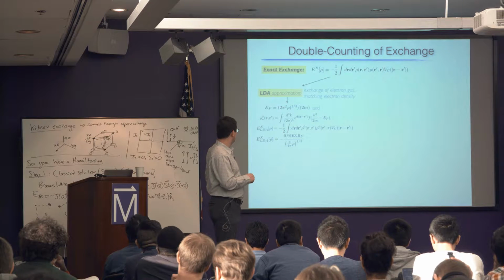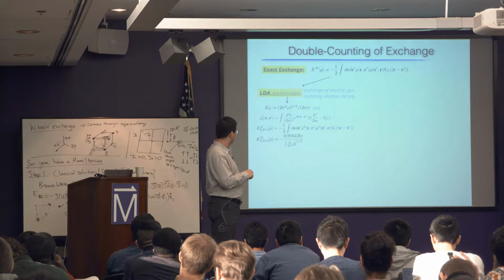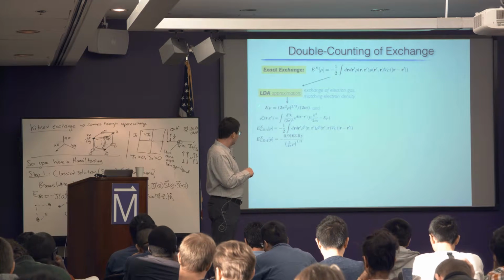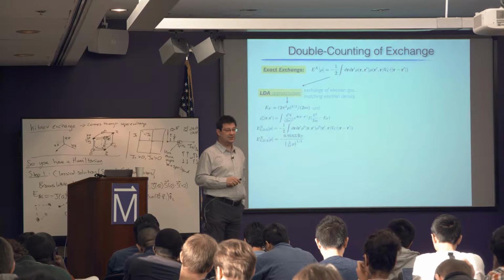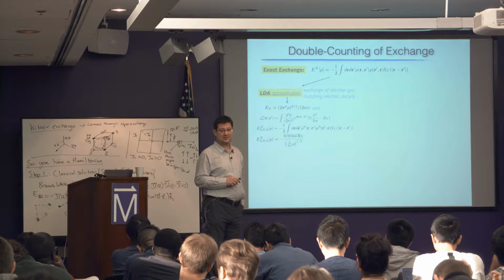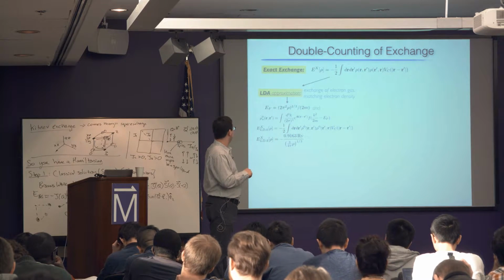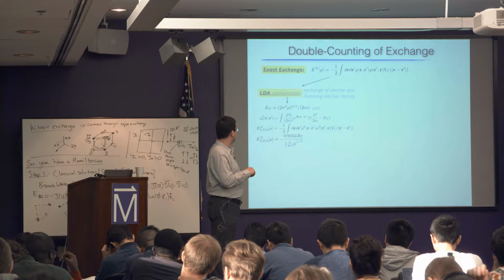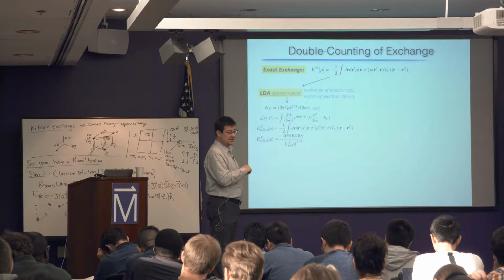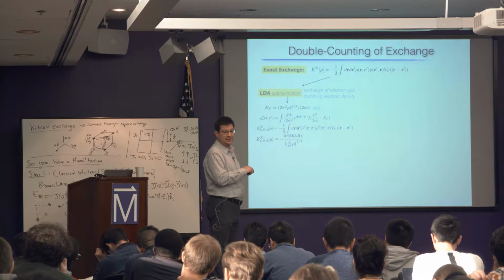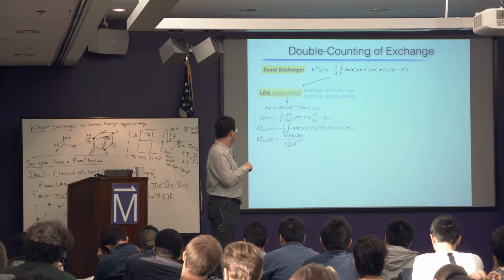So in other words, we take our charge density rho, and we calculate what is the corresponding Fermi energy of the electron gas. Then we take the charge density of an electron gas system with this Fermi energy. That's the charge density in the electron gas.